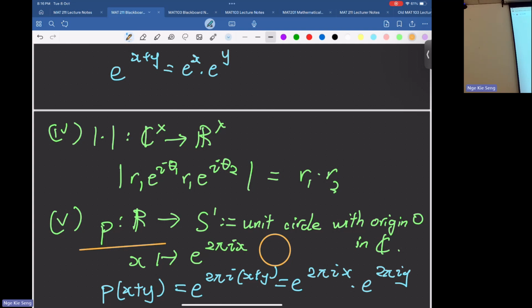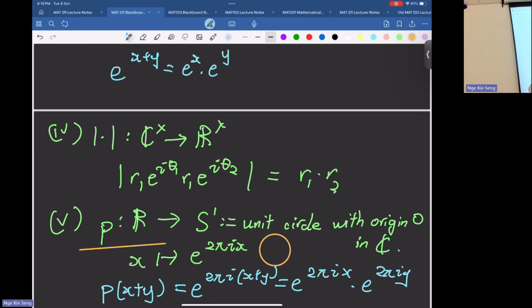So can you imagine or not? You are taking a string and you wrap the circle infinitely many times. This is what this map is doing, from R to S1, infinitely many times, upward and downward.